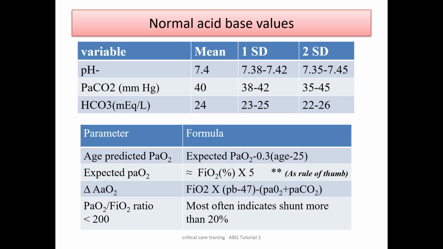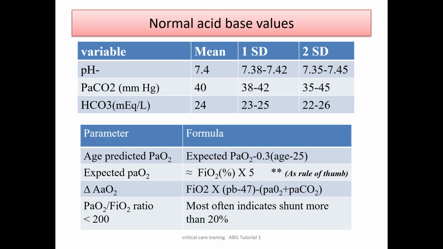If somebody is on room air, so 21% oxygen, or 20 into 5, you can remember 100 is the expected PO2 for a normal healthy young person. But if the age is more than 25, you can use this formula: expected PO2 is 100 minus 0.3 into (age minus 25). So this is easy to remember.